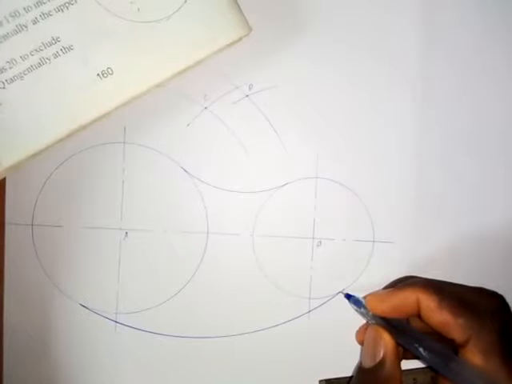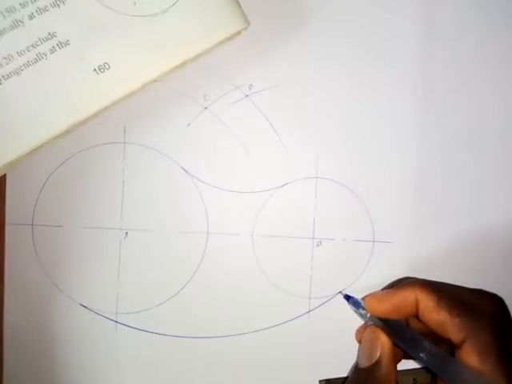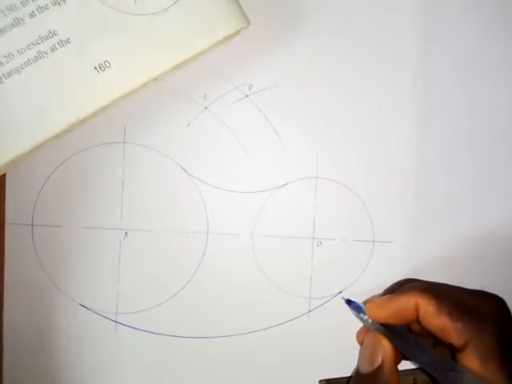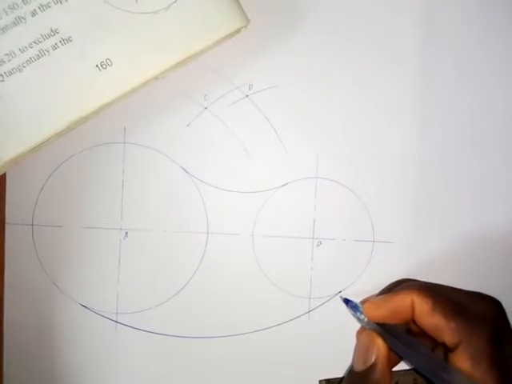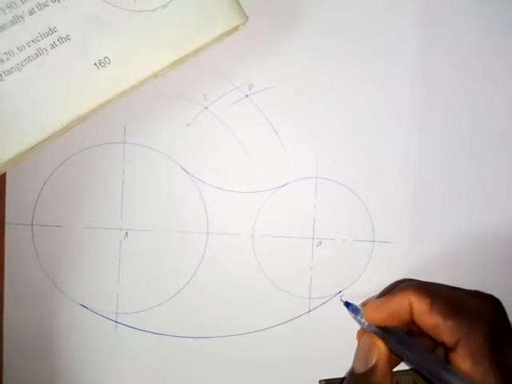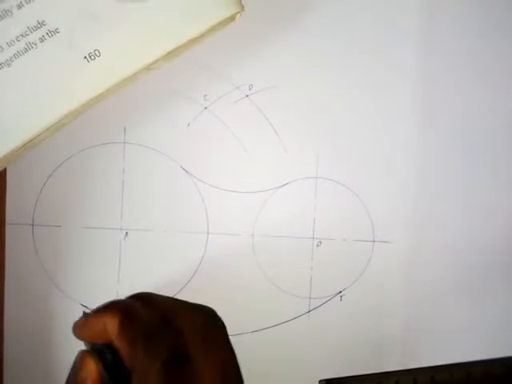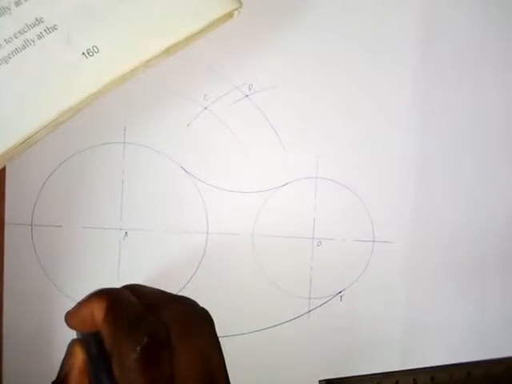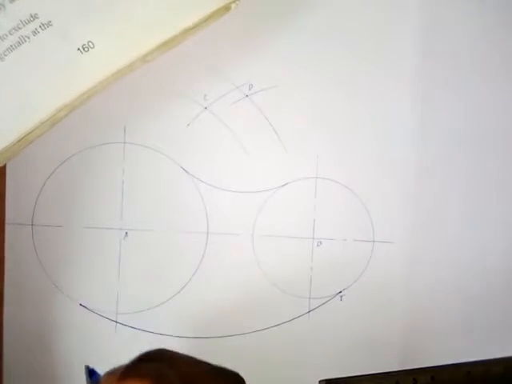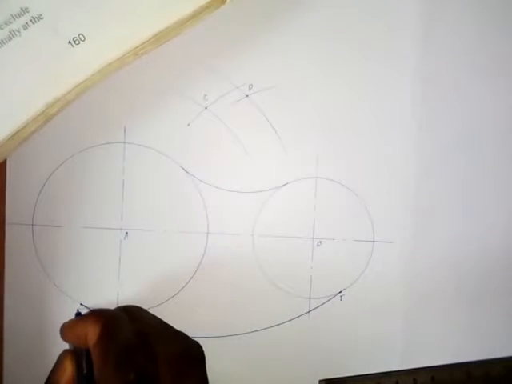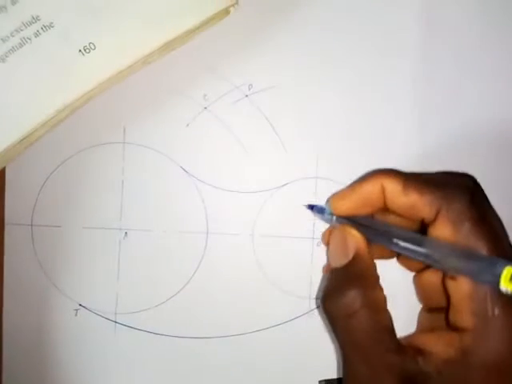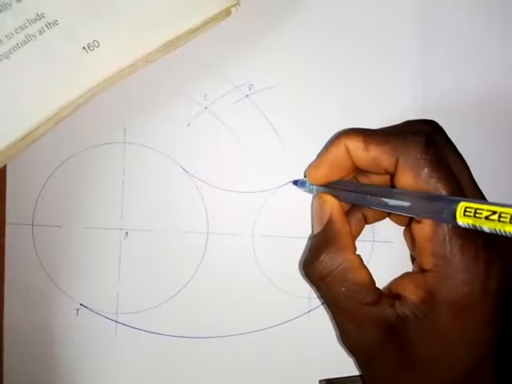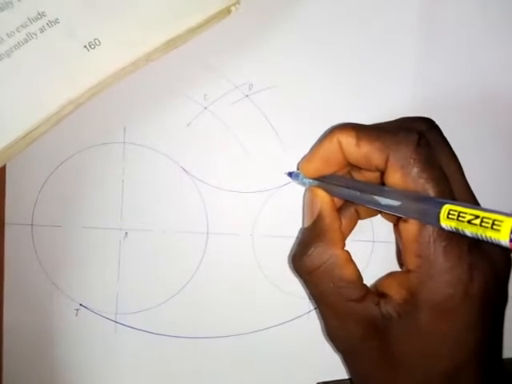So we have the first point of tangency here. I'll just use capital letter T to represent that. So that's the first point of tangency for that. And then for this one, the point of tangency is here. Okay, and then for this is the point of tangency.